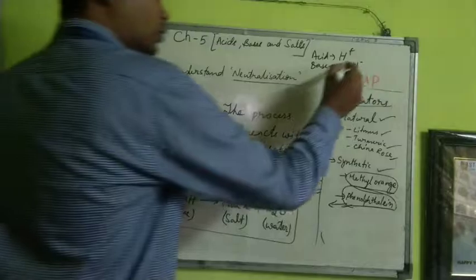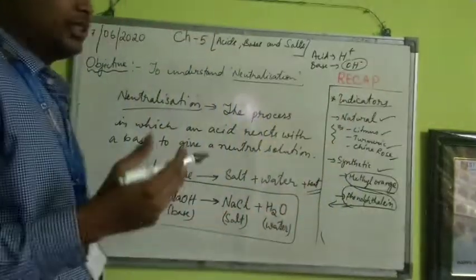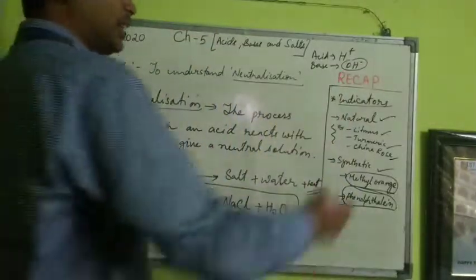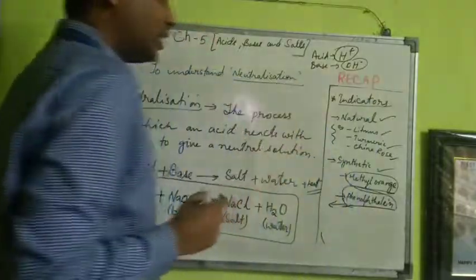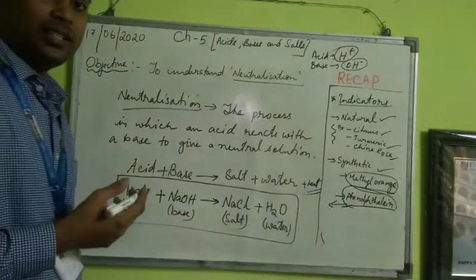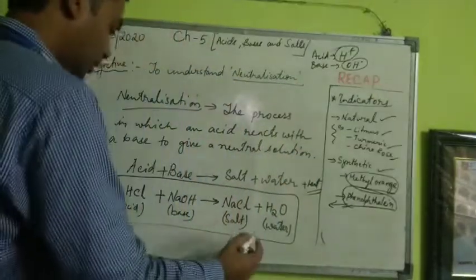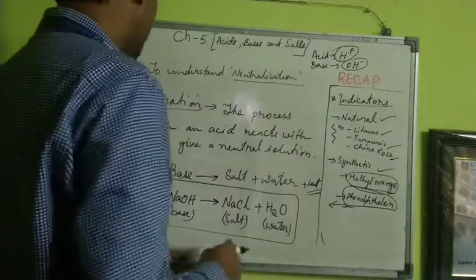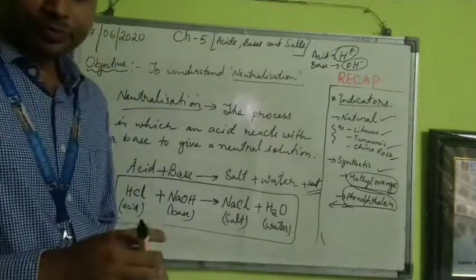So if OH minus ion is present in the salt, that salt will be basic in nature, and if H plus ion is present in the salt, we call it an acidic salt. So this is the example of the neutralization reaction.